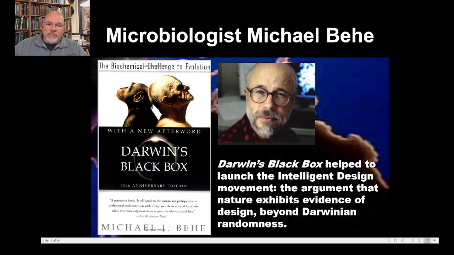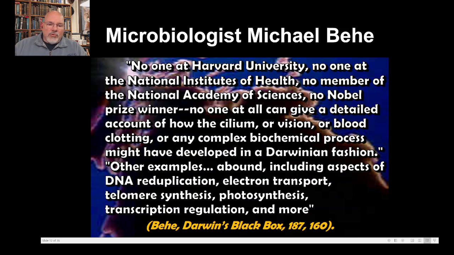So that's Darwin's Black Box that was put out many, many years ago. Interesting book. Quote from it: "No one at Harvard University, no one at the National Institutes of Health, no member of the National Academy of Sciences, no Nobel Prize winner, no one at all can give a detailed account of how the cilium or vision or blood clotting or any complex biochemical process might have developed in a Darwinian fashion.